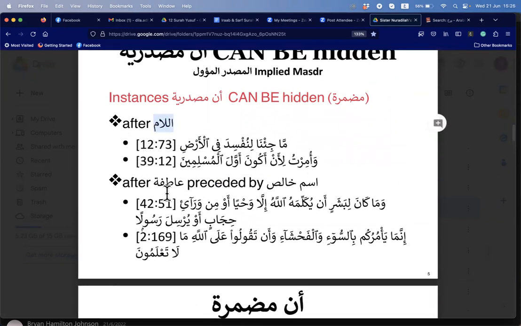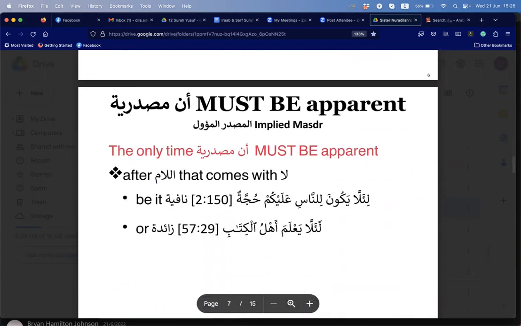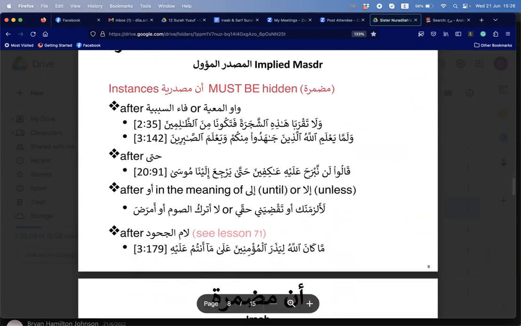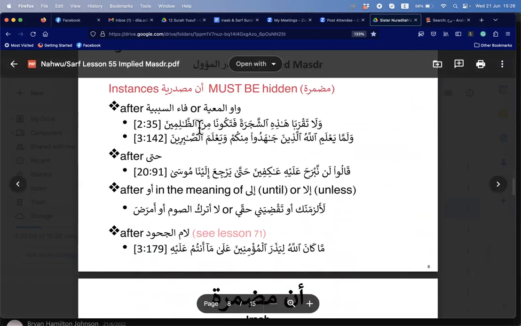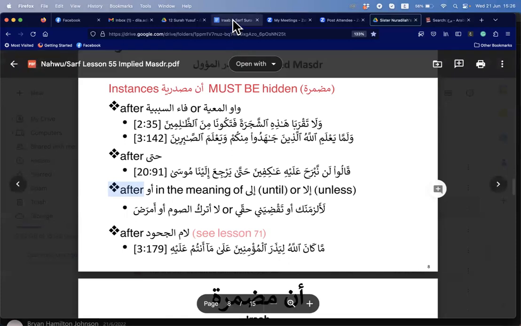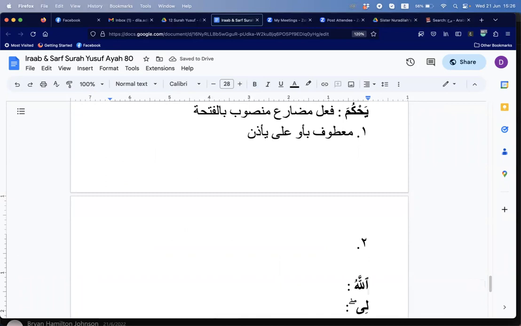The one we said just now is basically atifah. No lam of ta'lil, no fa sababiyah, no waw ma'iyah. It is after hatta, no lam juhud. Can it be this? What is this? After au in the meaning of till or unless. Until. Okay, maybe we come back to that when we translate and see if that's possible. But since I put number 2, obviously it's possible.